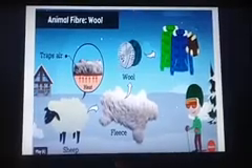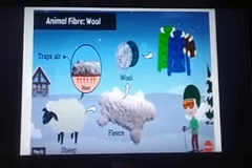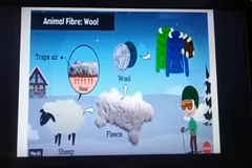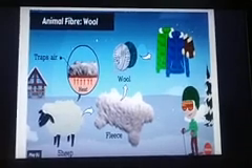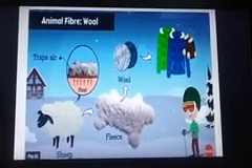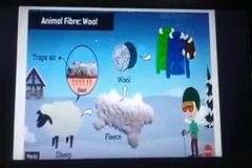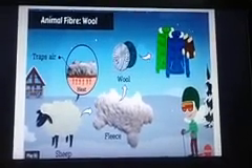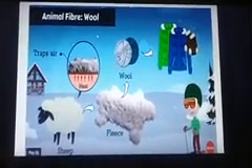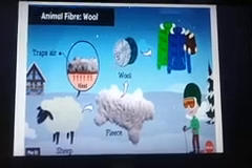Yes children, here in this picture you can see there is a sheep. Sheep hair is called fleece. Now why do they need fleece, or why do they have hair on their body? The function of the hair is to provide warmness to the body.